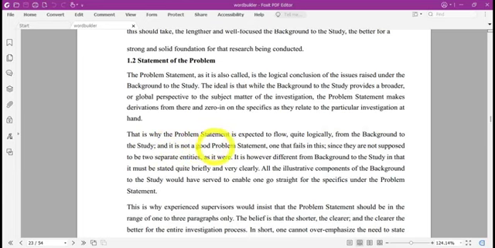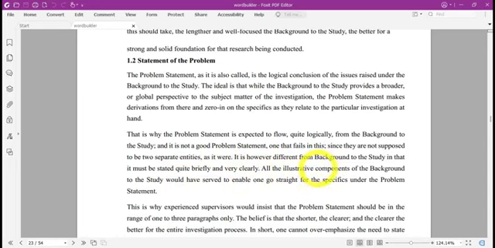And it is not a good problem statement, one that fails in this. So your problem statement has to be filtered out from your background for it to be a good one. They are not supposed to be two separate entities. It is, however, different from the background to the study in that it must be stated quite briefly and very clearly, just straight to the point.